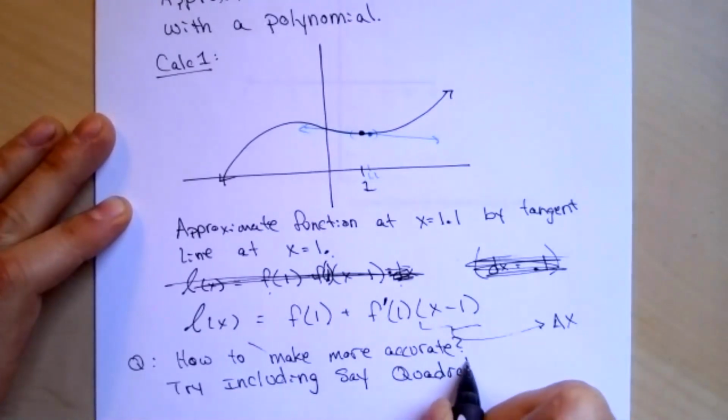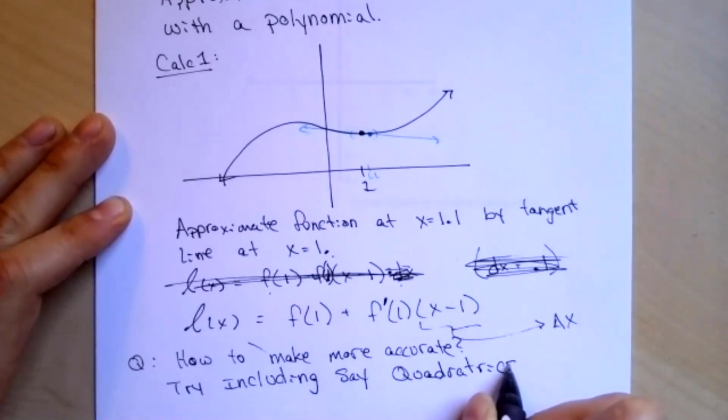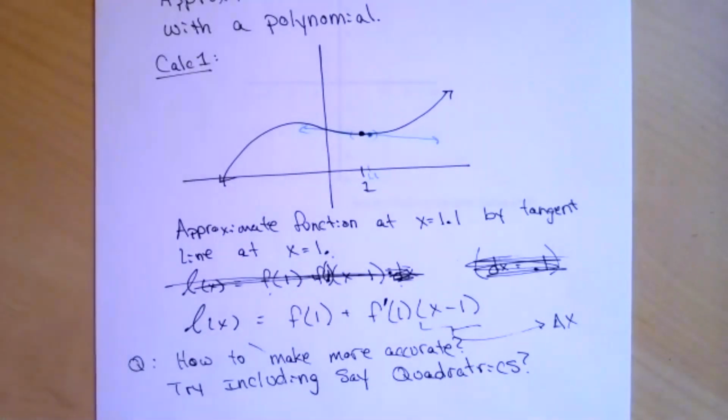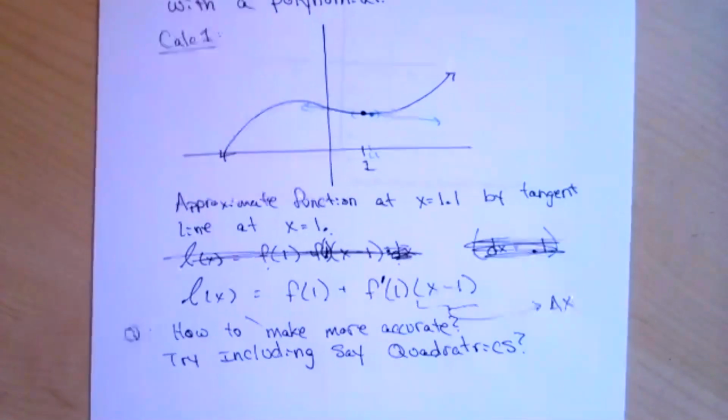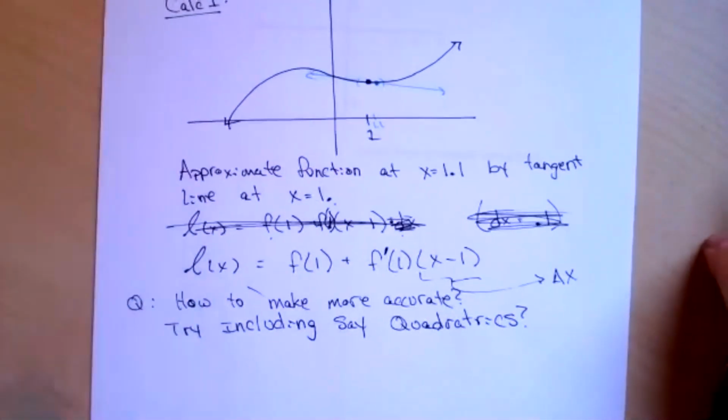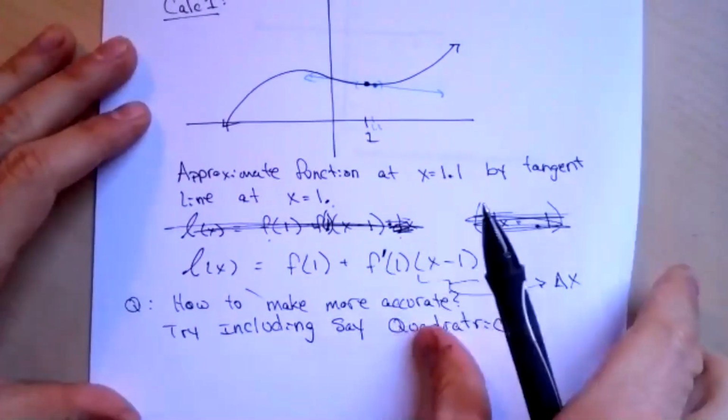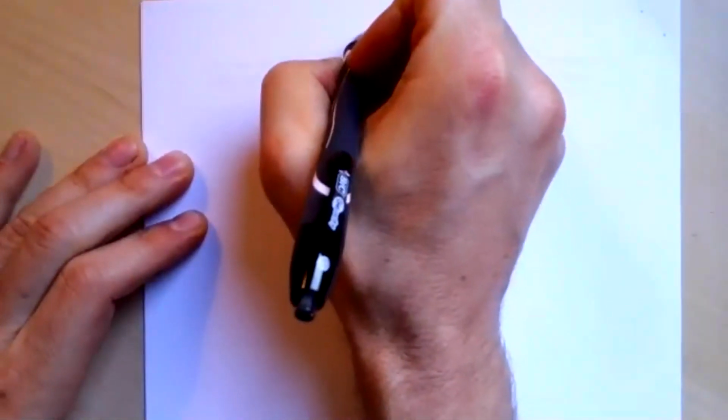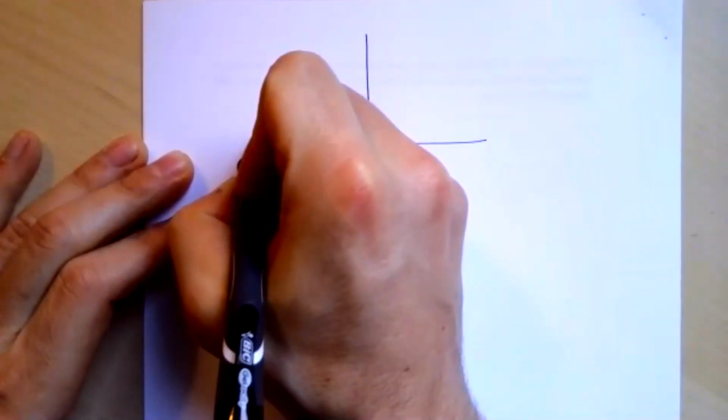What if we want to include something like maybe a quadratic? In other words, what if we wanted to find an approximating parabola? So we have our function.